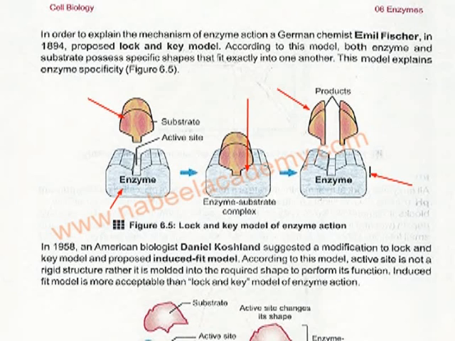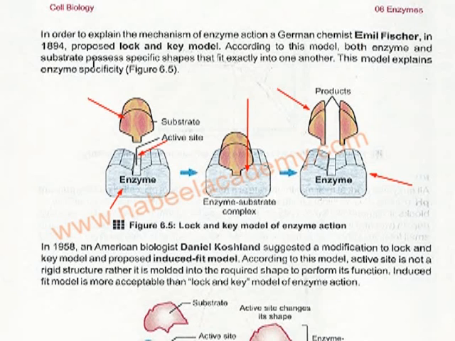It is not changed. This is the active site of the enzyme. Here the substrate attaches. The ES complex is formed, and then the product is released, and the enzyme is released as it is. So now you understand what is the lock and key model of enzyme action. He gave the idea of the specificity of enzyme and substrate both.